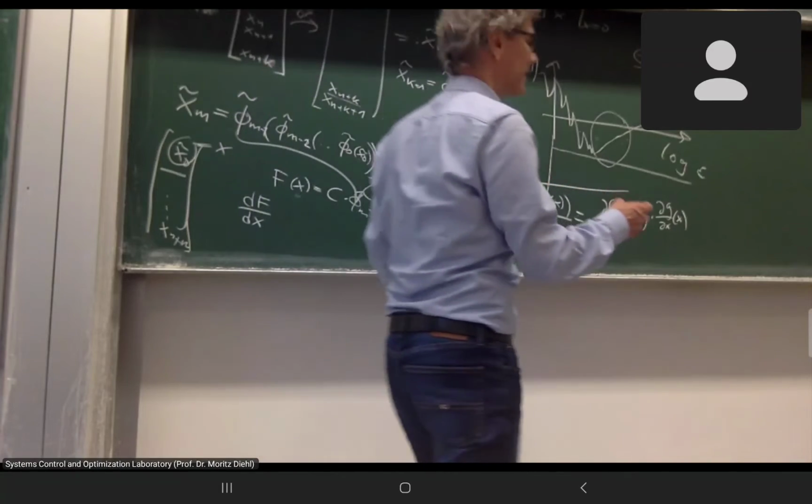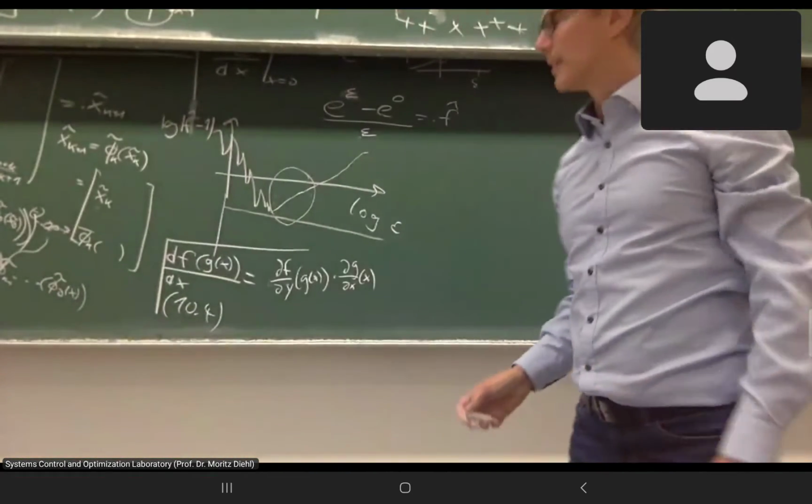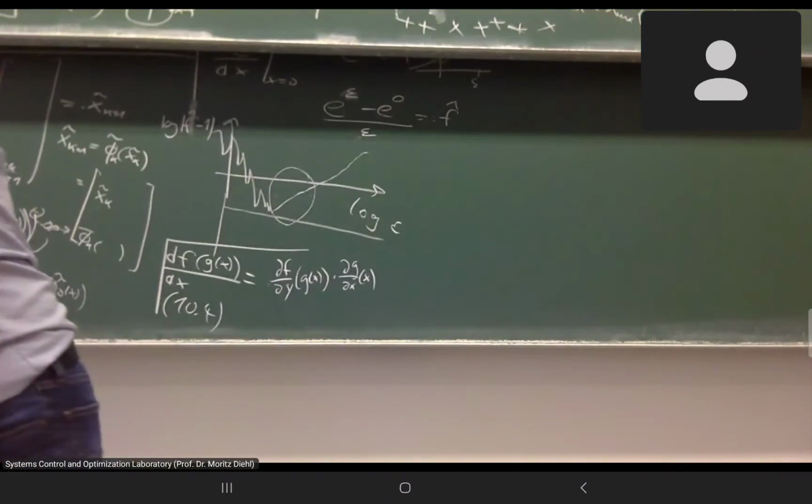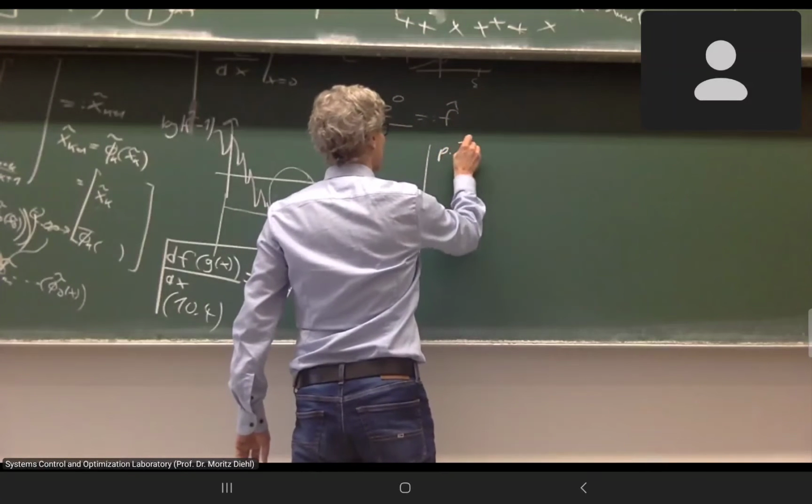So maybe let me define J tilde I, the Jacobian, this little thing here. Yes, 77 is defined, but not so nicely.